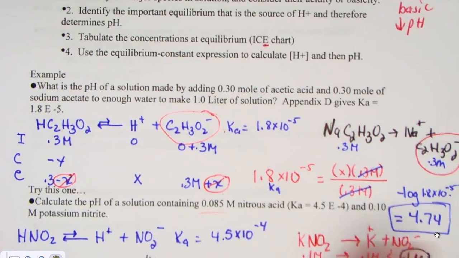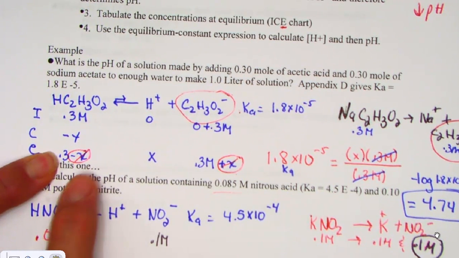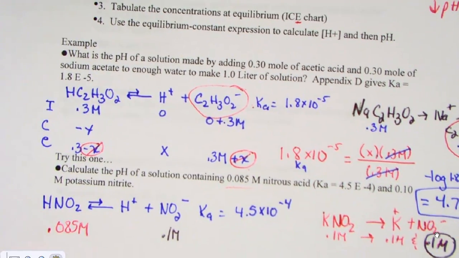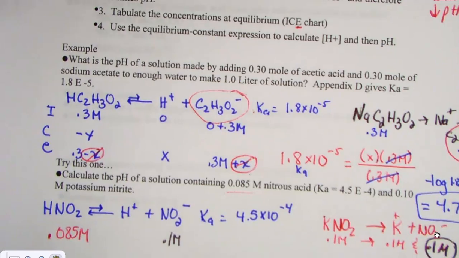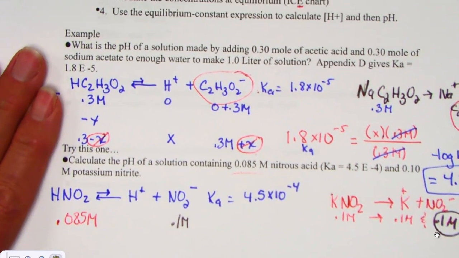And again, in the first example, I set up the ice chart and then described to you how we know to toss out X. We can assume that to be true throughout this entire series of problems. So I'm going to just record underneath that the 0.085 molar.